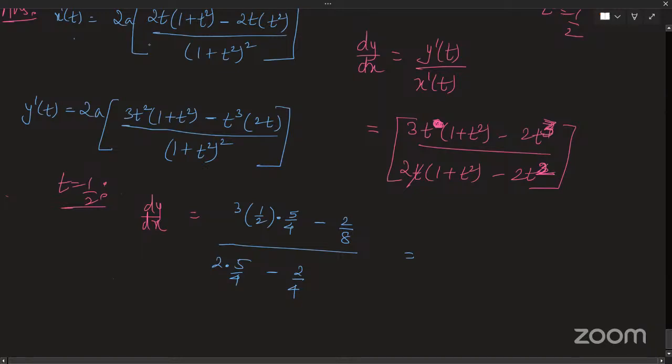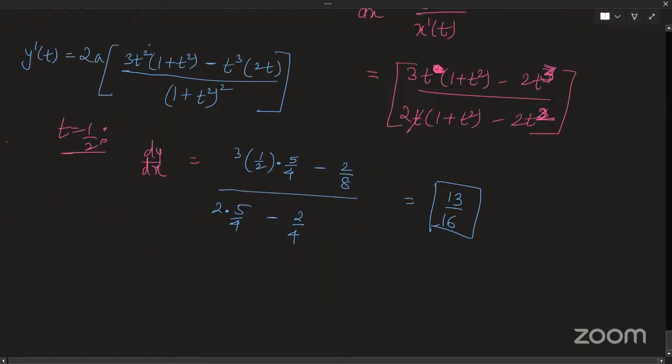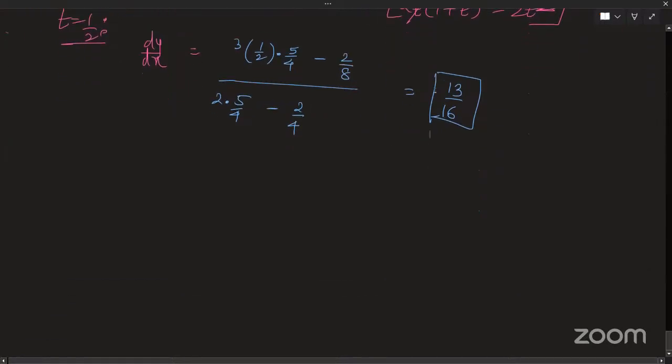So the value of this is 13 by 16. You can just do the calculation, everyone. It's not very tough. So you'll get your answer as 13 by 16. So I know that this value of dy by dx is 13 by 16.